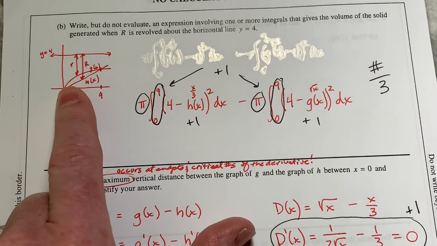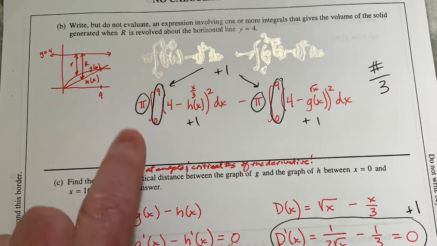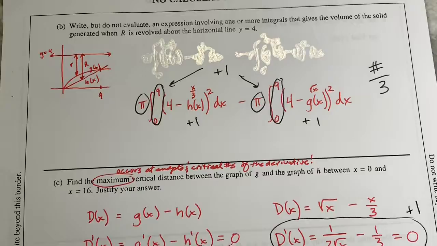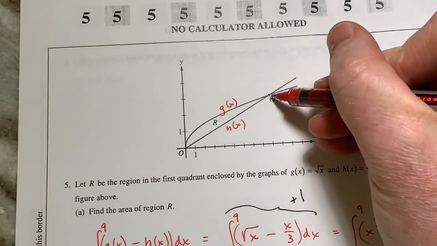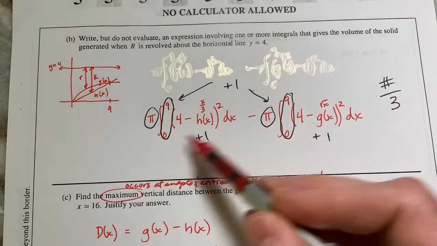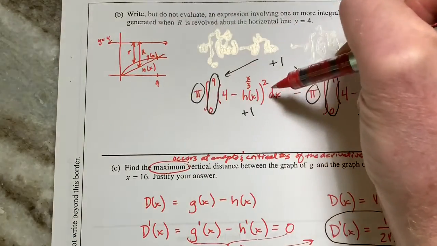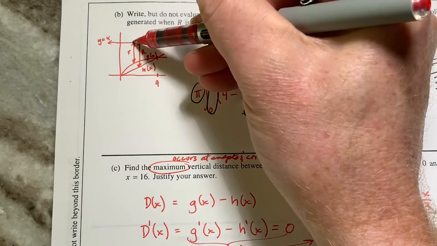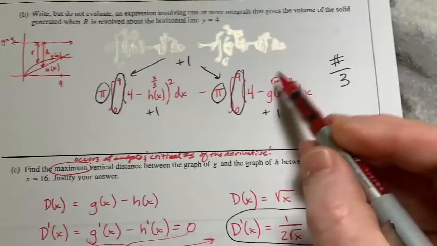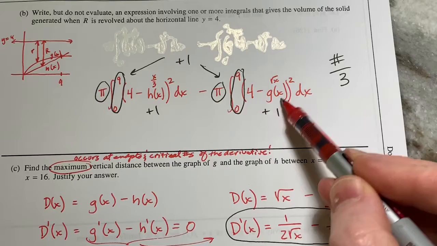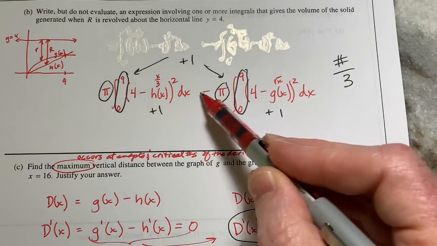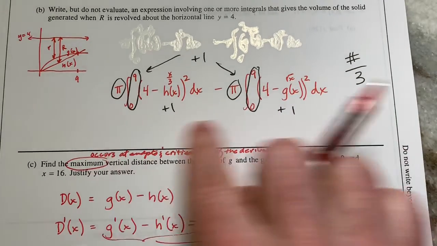I could set these two functions equal to each other. It probably actually told me, yeah, it did. It told me it was at 9 right there. So 0 to 9, pi that squared. And then I want to get rid of the hole. The hole would be axis minus inner. So there's my axis minus inner, pi that squared dx 0 to 9, and I subtract. But we're not going to have to do that on this test.